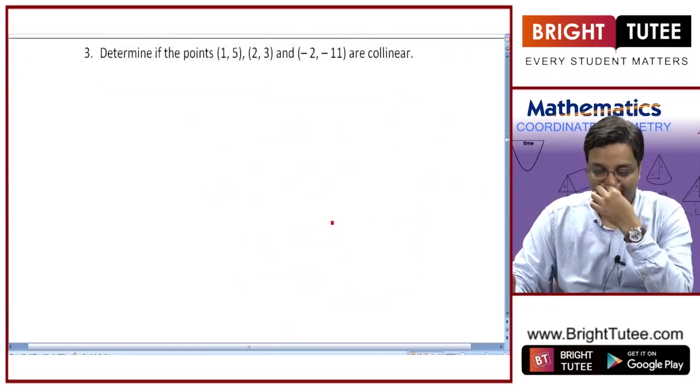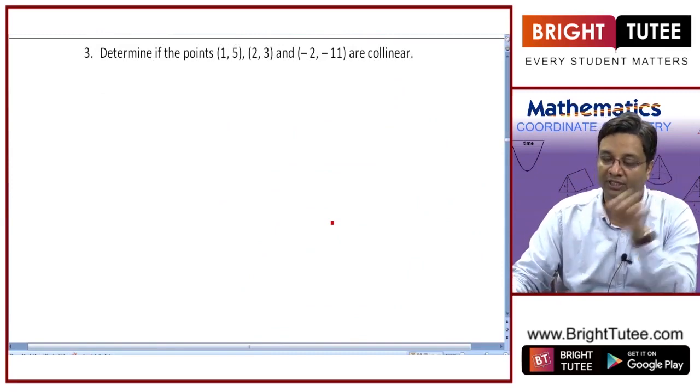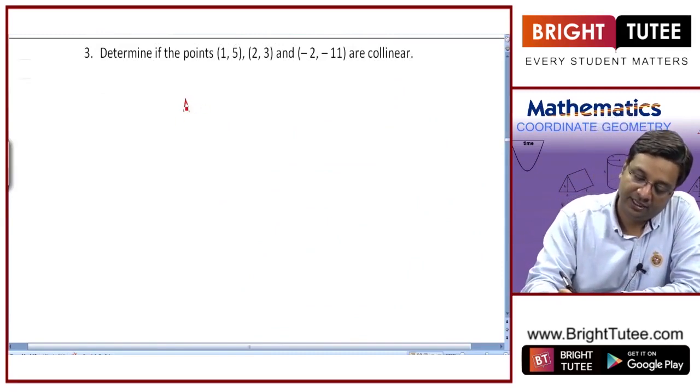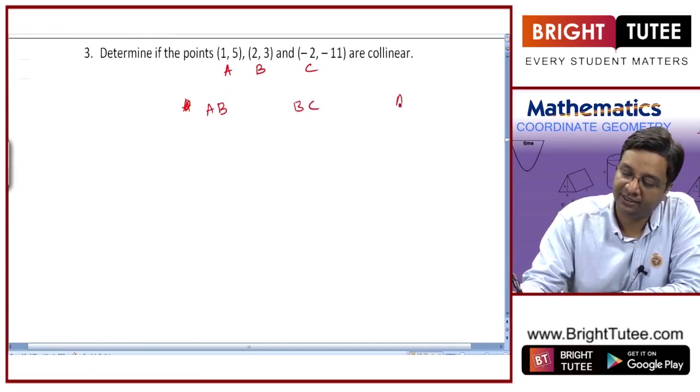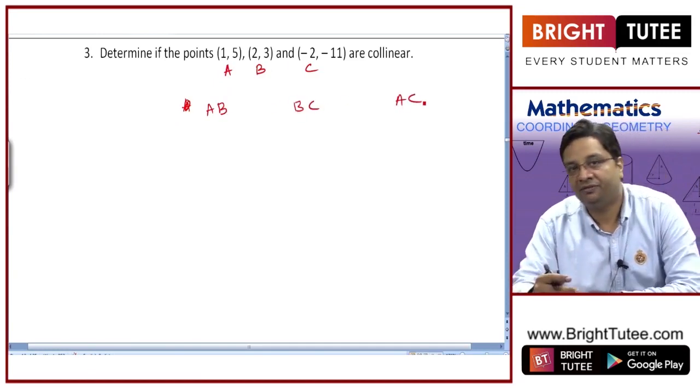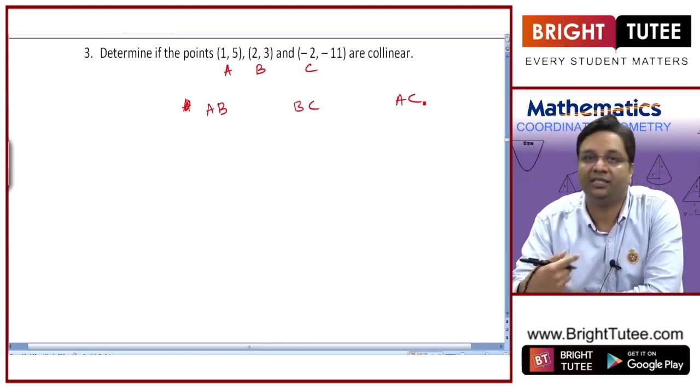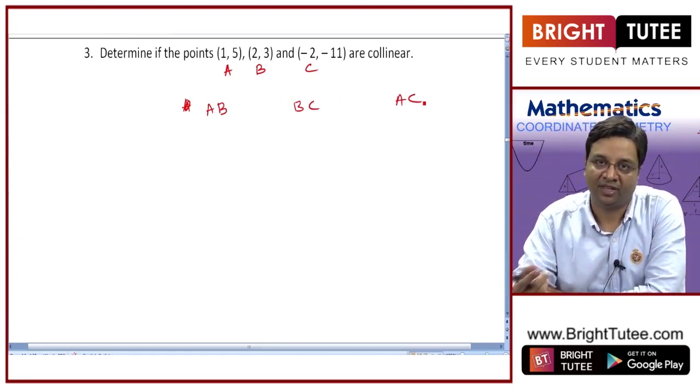Determine if the points are collinear. You know the test of collinearity. Let's say this is point A, this is point B, this is point C, right? You calculate the distance AB, distance BC and distance AC, right? If the sum of any two distances is equal to the third distance, then we can say that these points are collinear.